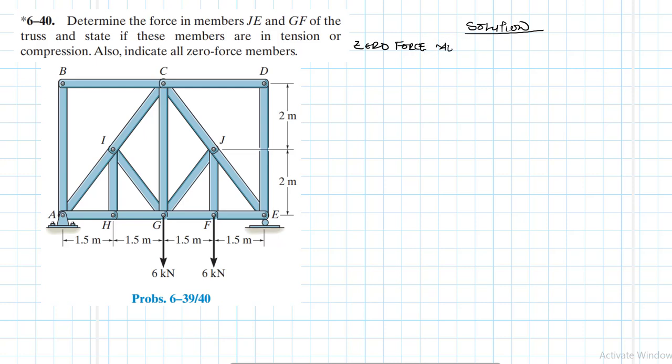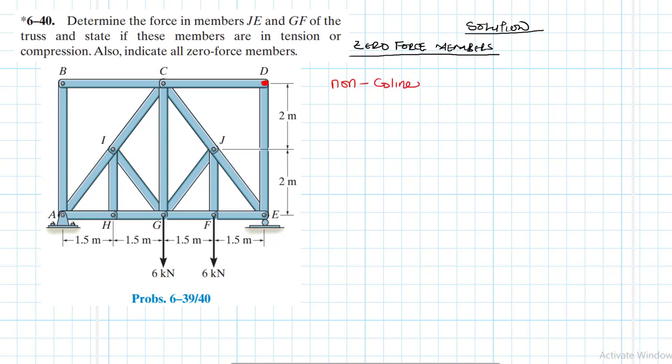All right, so we are going to use two principles for this particular case. So let's look at joint D. Joint D is a truss joint that is created by two non-collinear members.